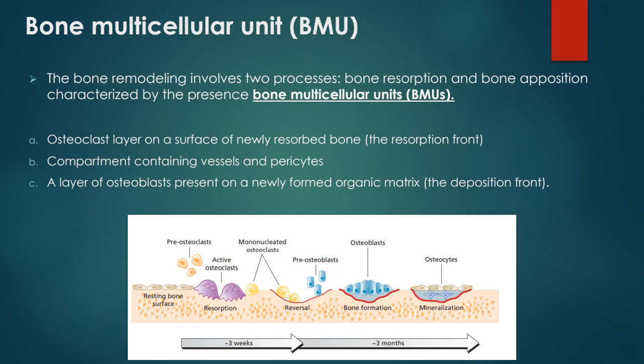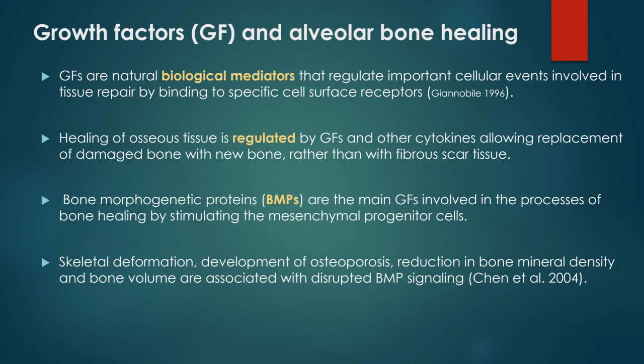Okay. So growth factors in general are biological mediators that regulate the process, the cellular events that happen through either bone resorption and bone formation through binding to these specific cell surface receptors. Okay.